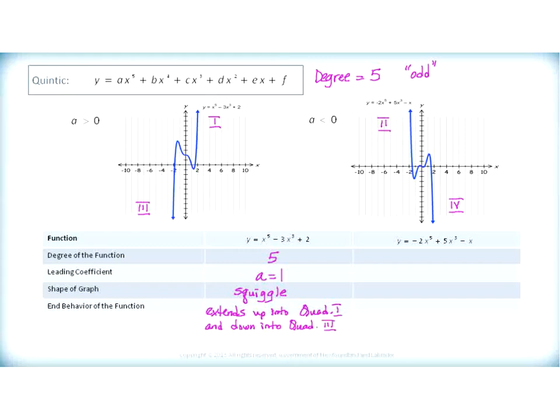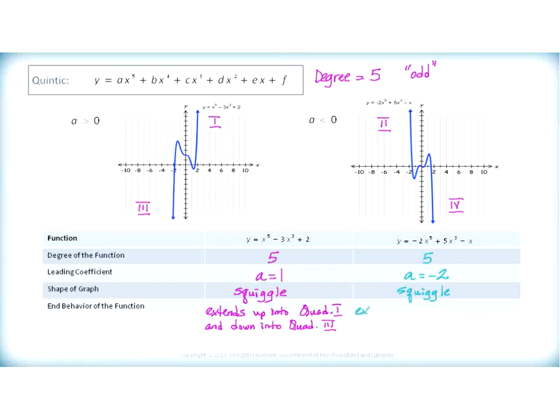In the second example, we have the function y equals negative 2x to the 5 plus 5x cubed minus x, graphed here. The degree of the function is 5. The leading coefficient is a equals negative 2. Again, it's in the shape of a squiggle.